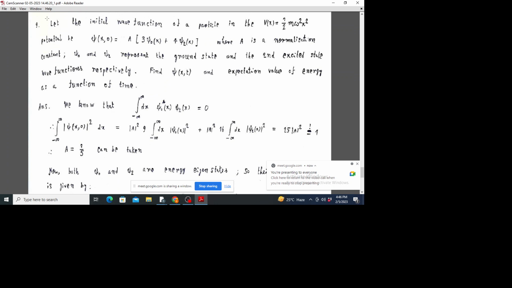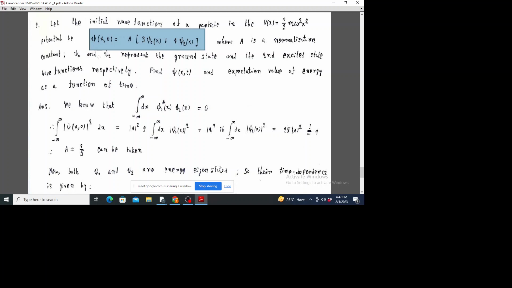So let the initial wave function of a particle in the simple harmonic potential be this one, where A is a normalization constant, we need to find that. psi naught is the ground state wave function and psi 2 is the second excited state wave function.